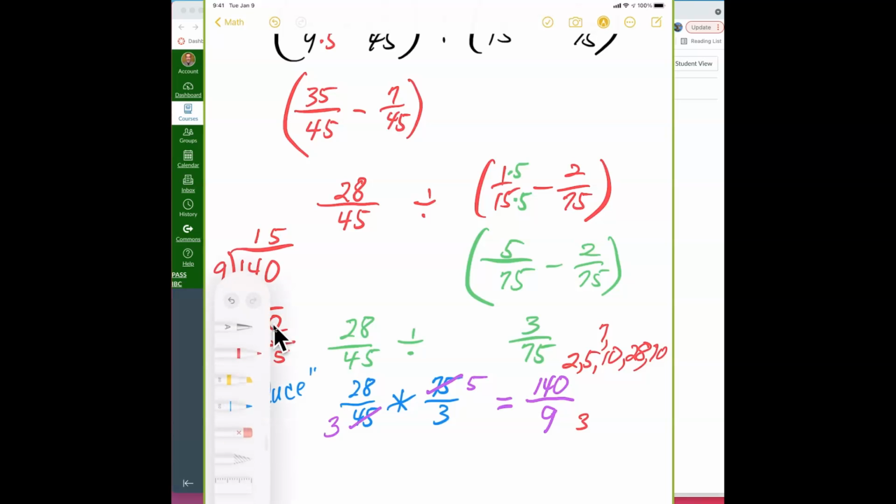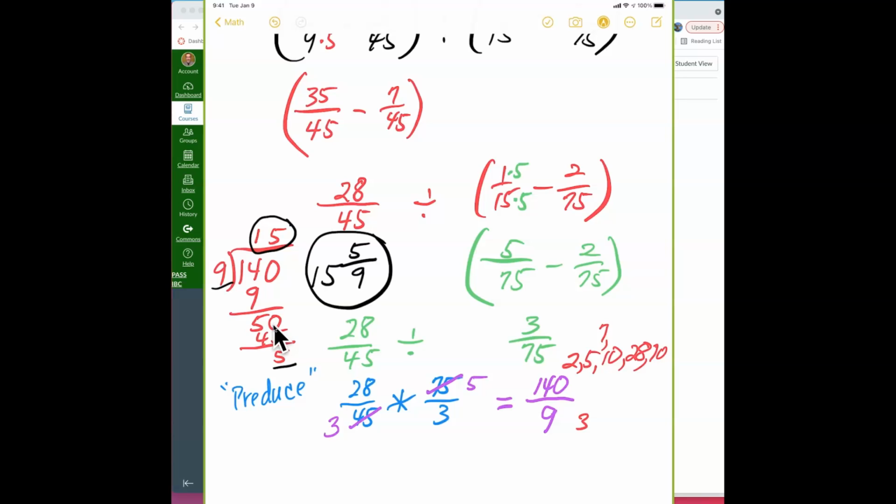So from that we get a mixed number, 15 whole times. So we have 15 whole parts and then 5 pieces left over. That's the remainder. And the size of each piece was 9. So 15 and 5/9 is the mixed number answer, and 140/9 is the improper fraction answer.